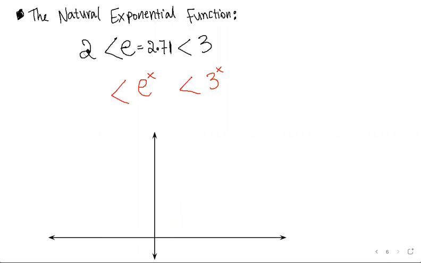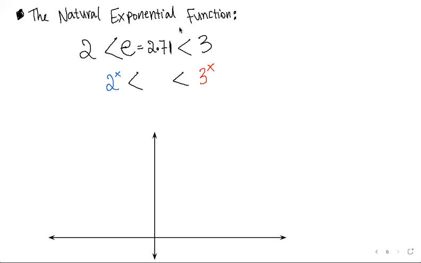I'm going to use different colors here. So 2 to the x is smaller than e to the x, which is smaller than 3 to the x.